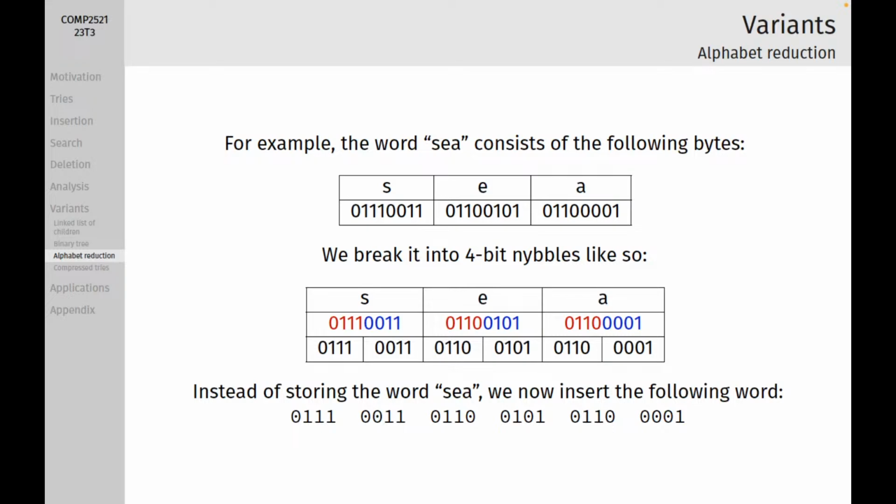So we break it into two 4-bit nibbles: the first one is 0111, and the second one is 0011. For E, it's 0110, then 0101, and for A, it's 0110 and 0001. Now, instead of actually inserting the word C, we insert the following word, which just consists of these 6 nibbles.